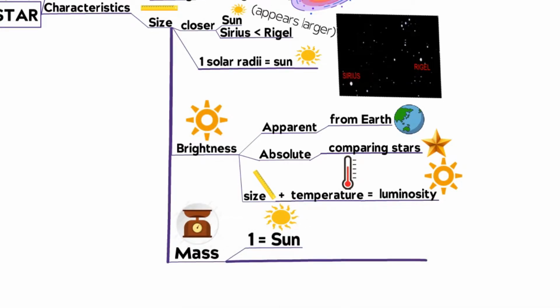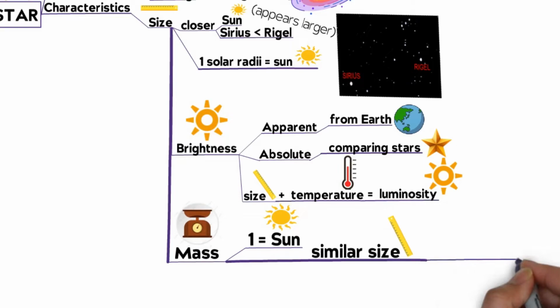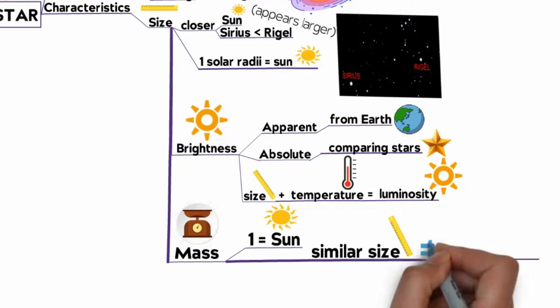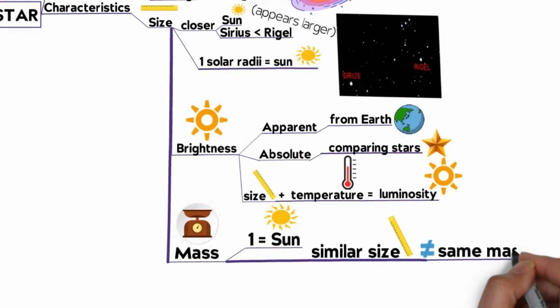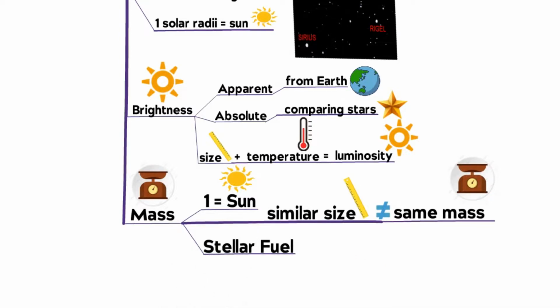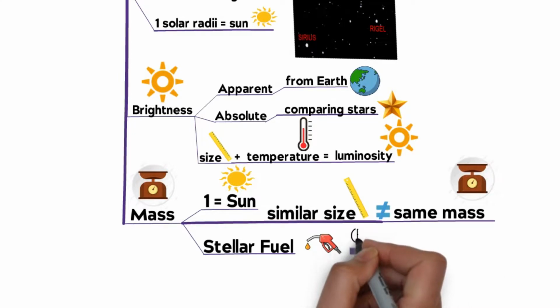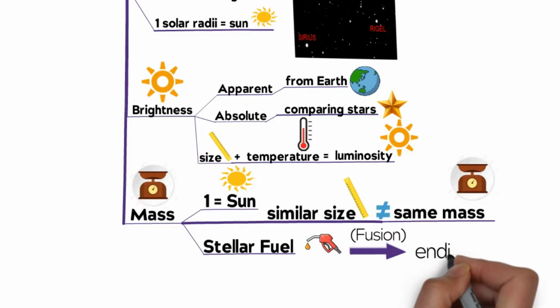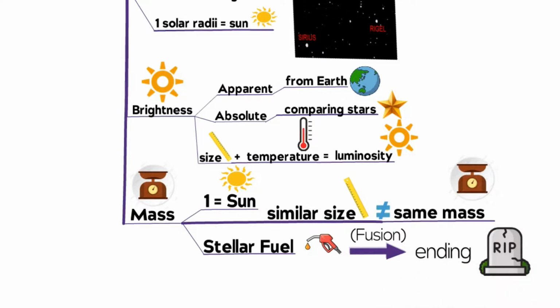Two stars of a similar size may not necessarily have the same mass, as stars can vary greatly in density. The mass of a star determines things such as how quickly a star will consume its stellar fuel through the fusion process to the star's final ending when it has used all of its fuel.